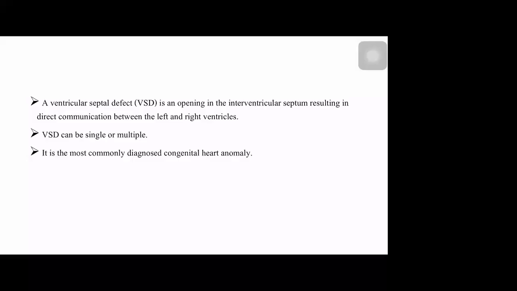So what is VSD? A ventricular septal defect is an opening in the interventricular septum resulting in direct communication between the left and right ventricles. It can be single or multiple, and it is the most commonly diagnosed congenital heart anomaly.